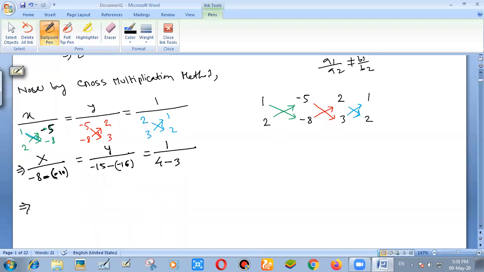So it will be 2 into 2, 4. Then -3 into 1, -3. Now see, x: -8 minus, it will be minus into minus. It will be what? Minus into -10. Dipjyoti, tell me. Quick, quick.